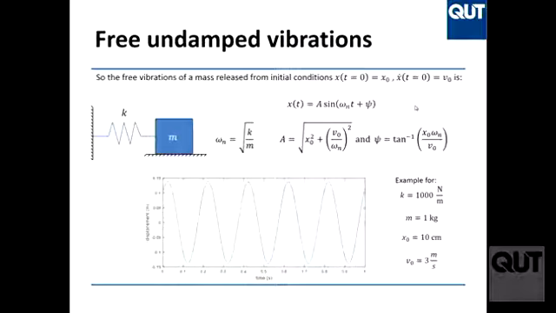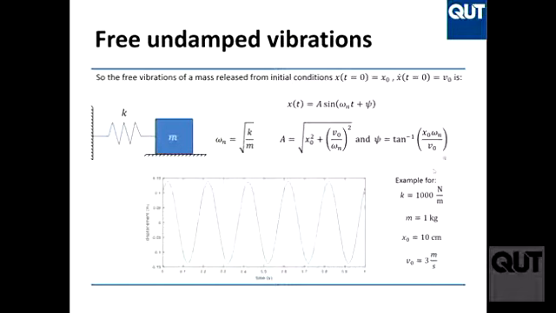So the idea is, if you know M and K, and you know X0 and V0, so if you know the properties of your system and the initial condition, you will know how free vibration looks like in time. It looks like this, with this number equal to the square root of these numbers, this number equal to the square root of these numbers, and this number equal to the arctangent of these numbers.